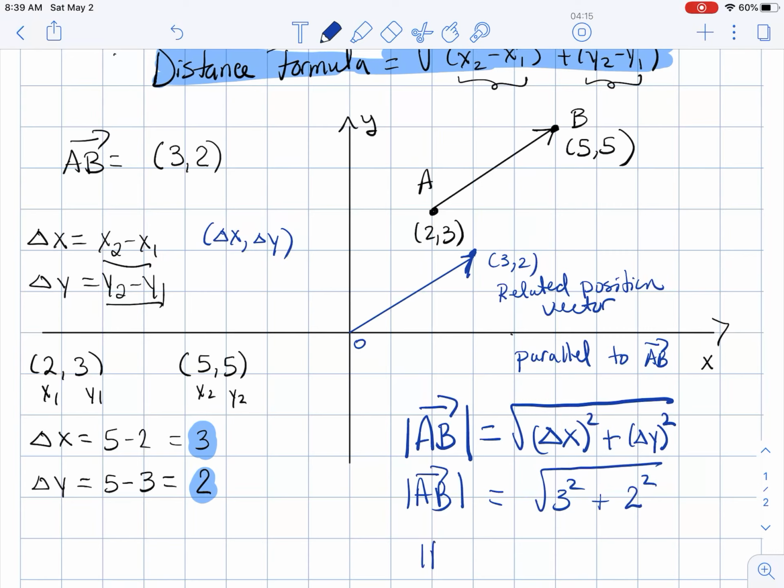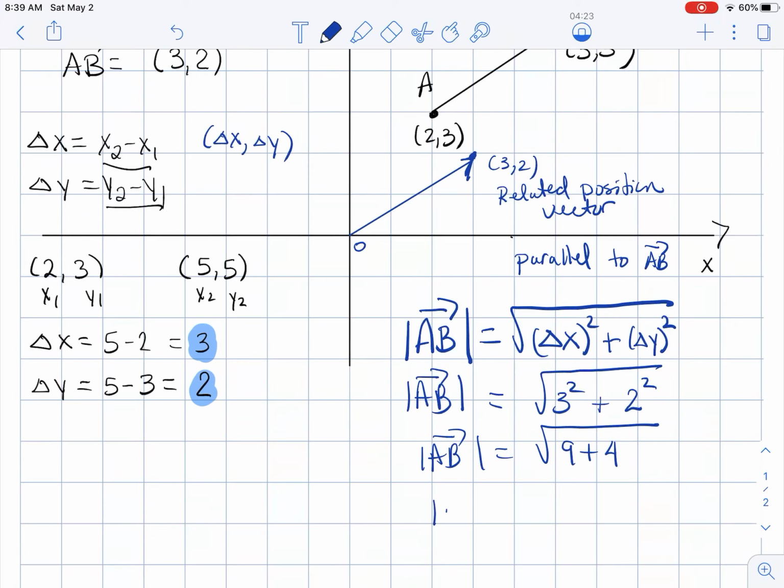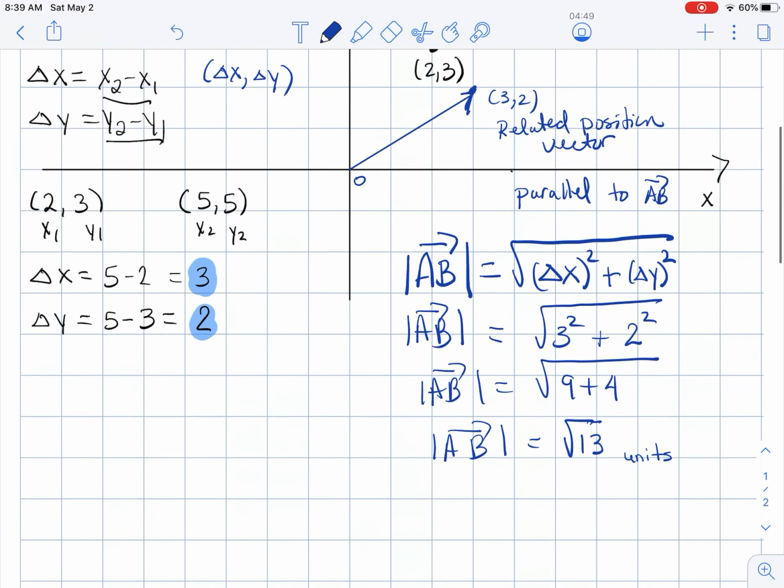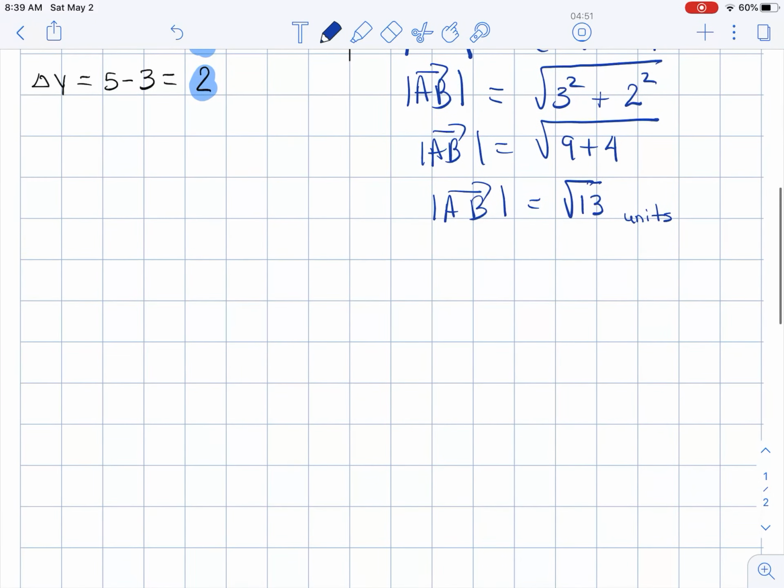So 3 squared plus 2 squared. If you need to get a value for that, you can take the square root of 13, or you can just leave it like that, and maybe get a value to one decimal place if you need it. And we say the magnitude is root 13 units. And that is how you find the magnitude of a vector.